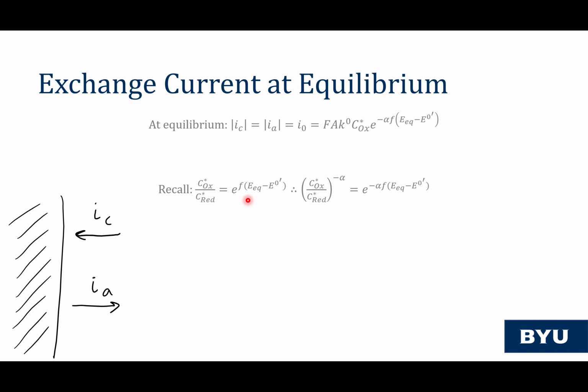We raise both sides to the negative alpha, and that allows us to substitute in and simplify this top expression into this lower expression for the exchange current. So you'll notice once again, there's no n in the expression because we're assuming that it is equal to 1, that there's one electron in our reaction.